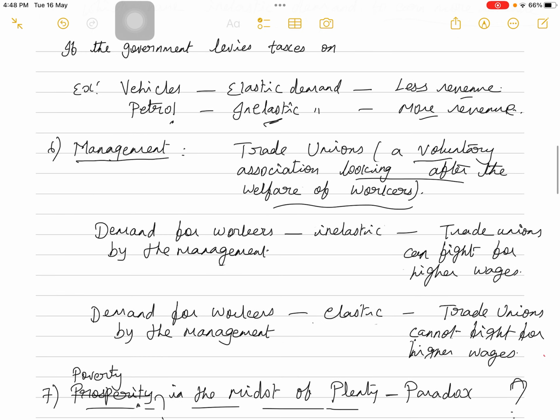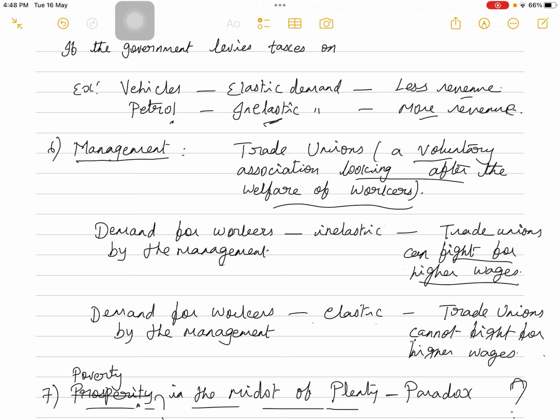Okay, the next area in which the elasticity of demand is useful is for the management. For the management, there is something called trade unions. You all must have heard about it. A trade union is a voluntary association of workers looking after the welfare of the workers. One of the main targets of the trade union is to fight for higher wages for the workers.